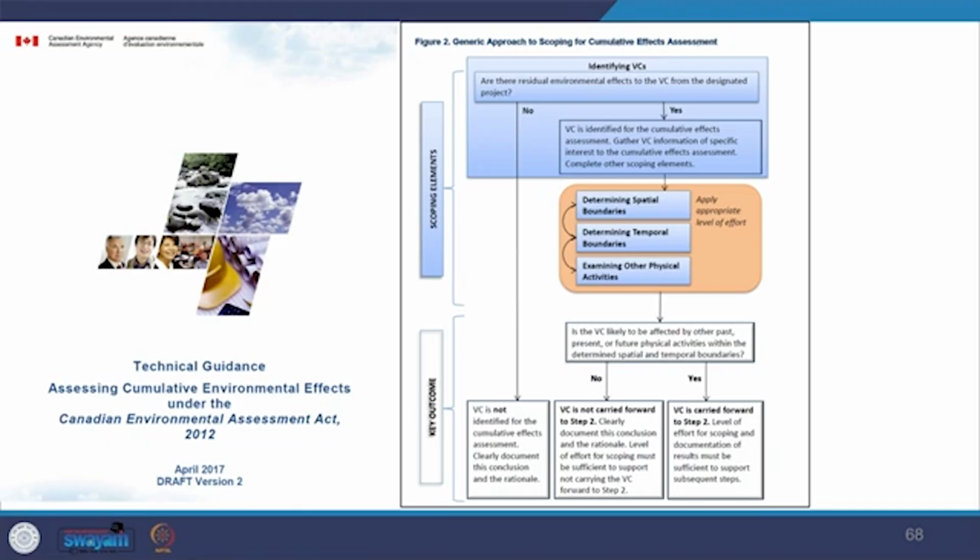But if it is yes, then the VC is identified for the cumulative effects assessment, and you have to gather information on the VC, and then take it further: what will be the geographical boundary, what will be the temporal boundary, and what will be the physical activities involved. And then you will look at whether the VC will be affected by all of these. If yes, then you need to move to step 2. If not, you can wind up there.